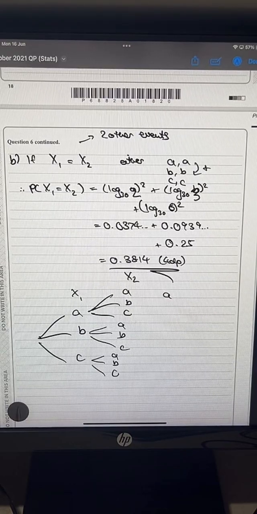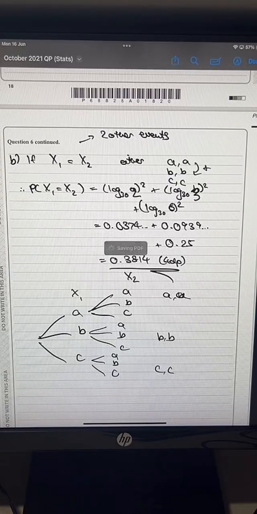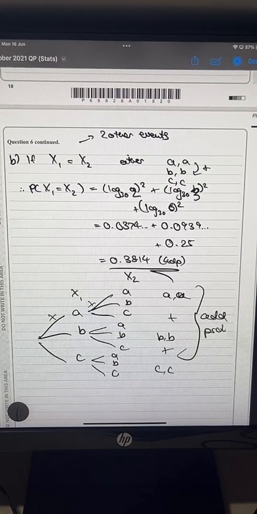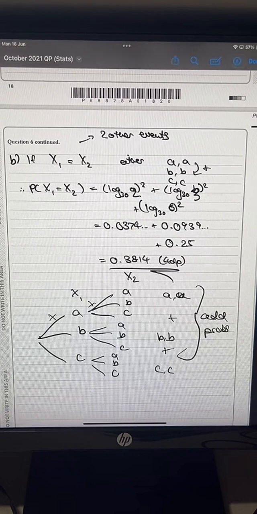So it's A and A, or B and B, that's also the same, or C and C. It's kind of like two green counters drawn, or two of the same color. So here, it's two of the same letter, and you are just multiplying across the branches and adding the probabilities. Add probs across. Yeah, this diagram probably might help.